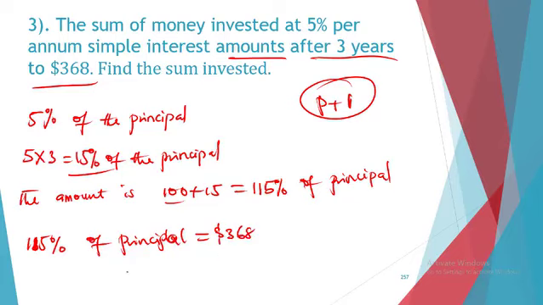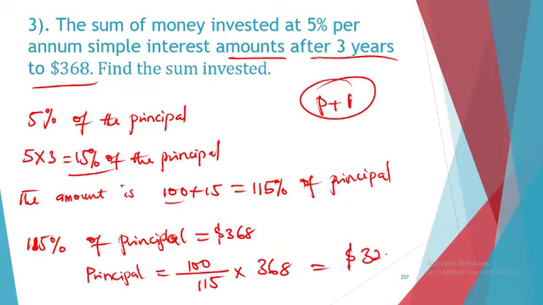So it means that the principal will be equal to 100 over this 115 times 368, and that will give us 320 US dollars as our answer.